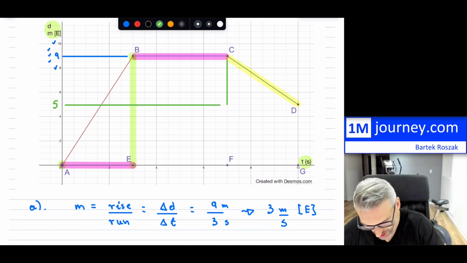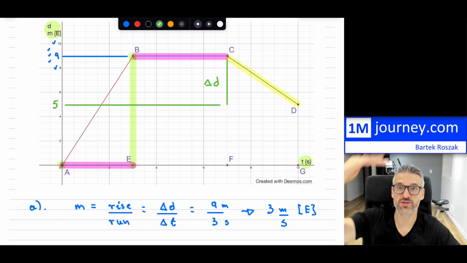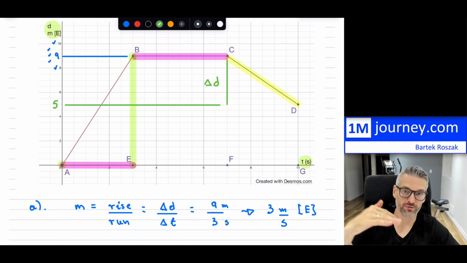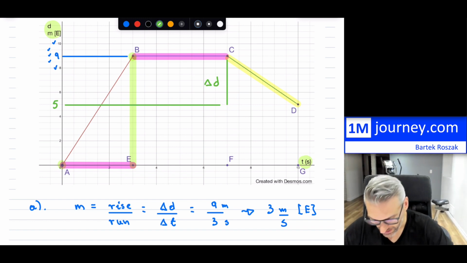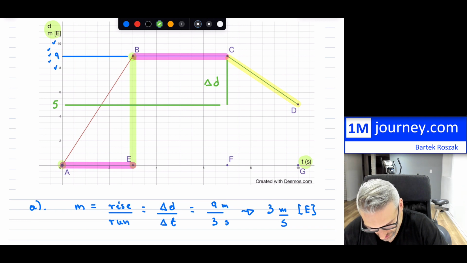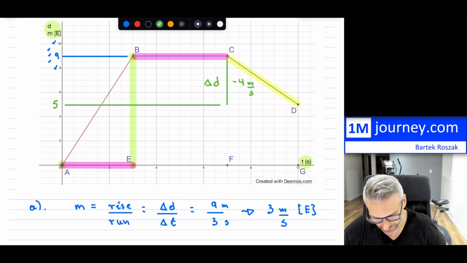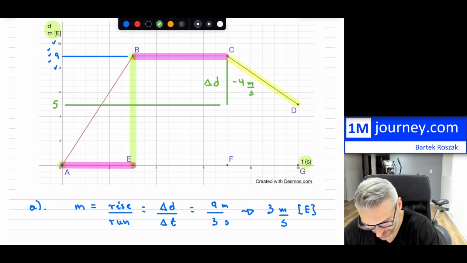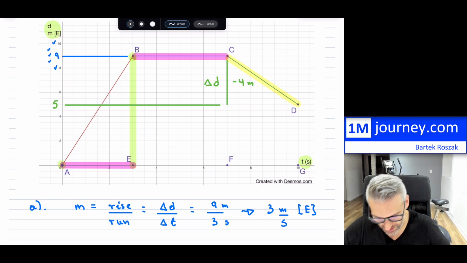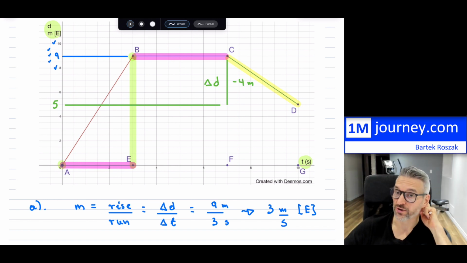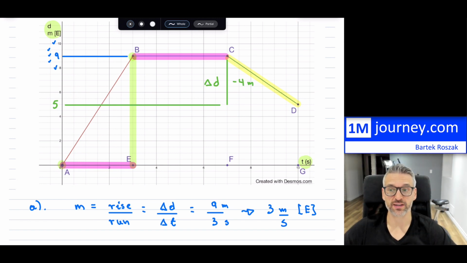So the actual change within your position, in terms of your rise, it's going to be negative, and in this case it's from 9 to 5, so it's going to be negative 4, right? Sorry, negative 4, so it's not seconds yet. Okay, let's be careful there. So that's just dropping negative 4 meters as you're moving along.